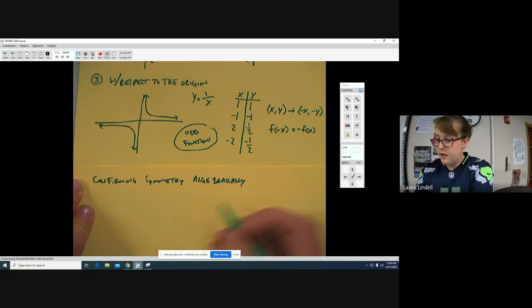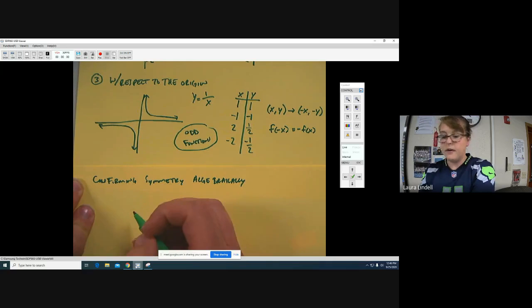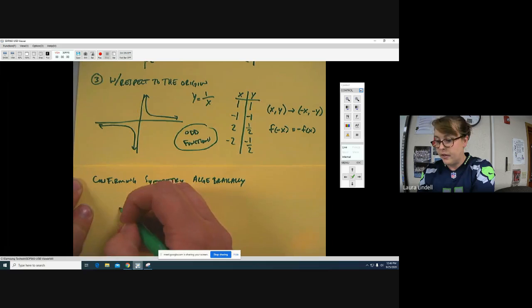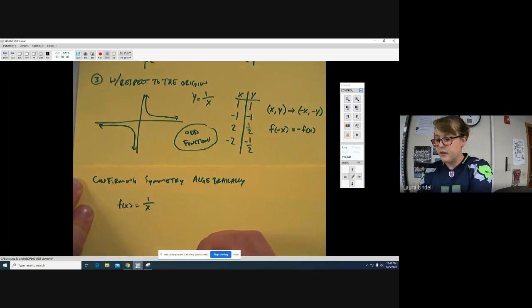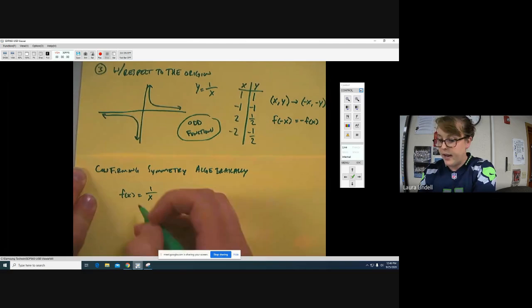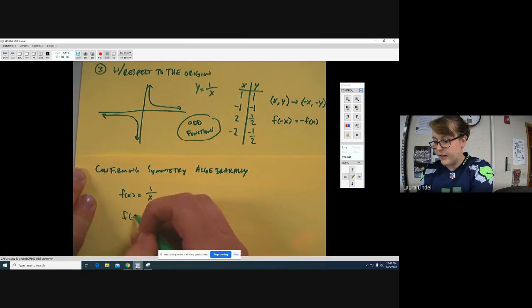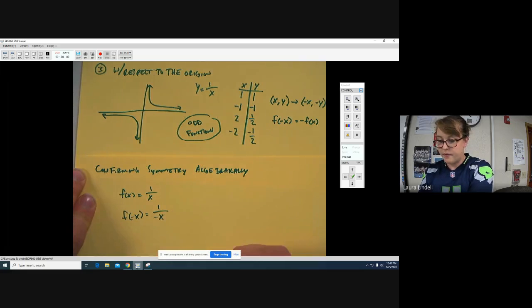So the first thing I kind of want to do here is figure out what I'm starting with and where I'm going. So let's say we were doing it with f of x equals 1 over x. I would want to then show that f of negative x, well, what is f of negative x? F of negative x is 1 over negative x, right?